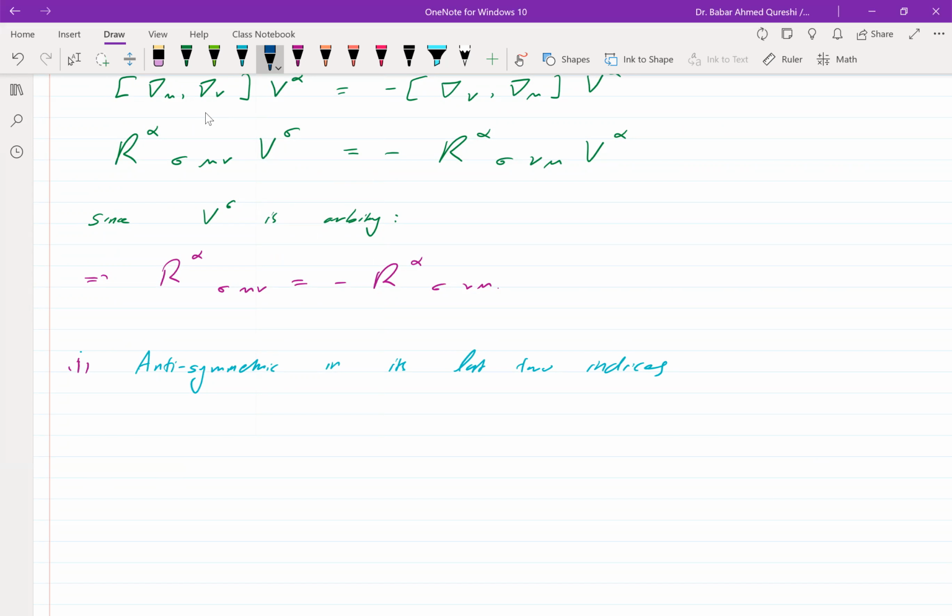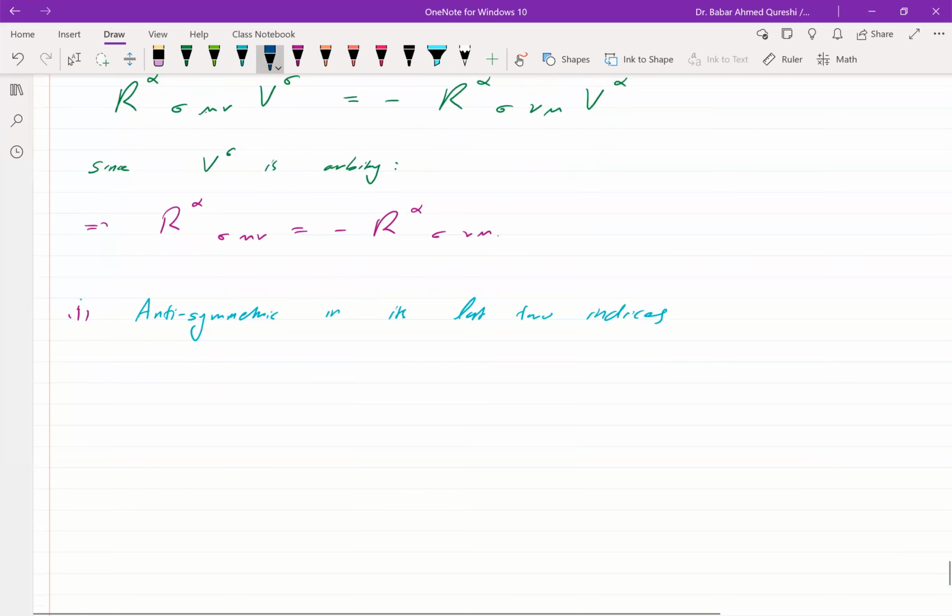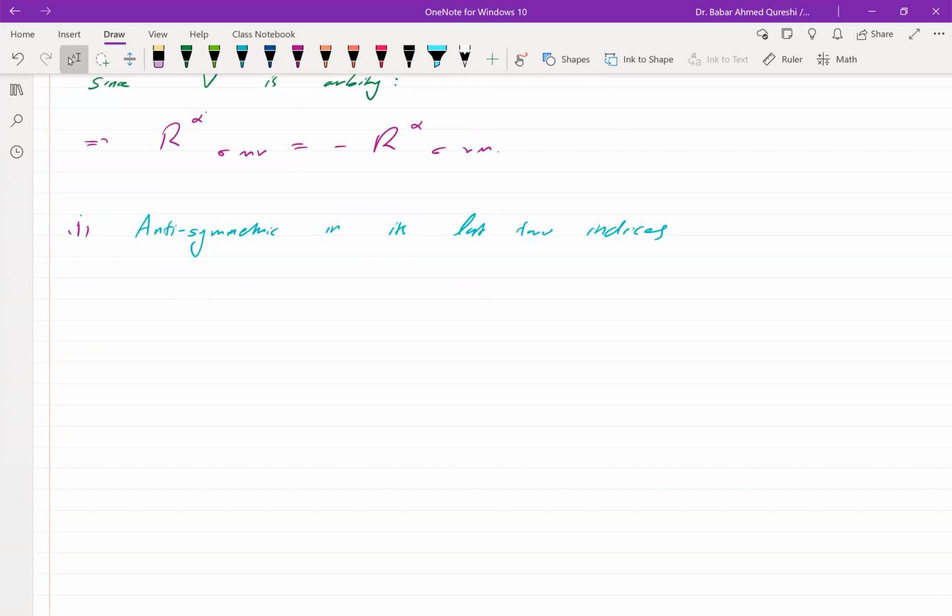Then we also can consider the action of the commutator on a scalar function, not a vector. So this would be ∇_μ∇_ν φ minus ∇_ν∇_μ φ, because the covariant derivative on a scalar is just the partial.